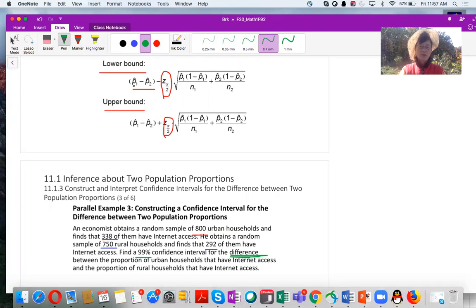Remember, we already did p1 hat, so I'm going to briefly go through finding the confidence interval. We need to calculate the lower bound and upper bound. So we need to calculate in this example what is p1 hat. p1 hat is x1 over n1. So 800 is n1, 338 is x1.